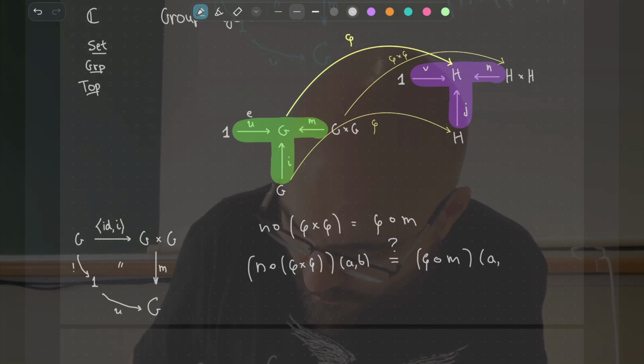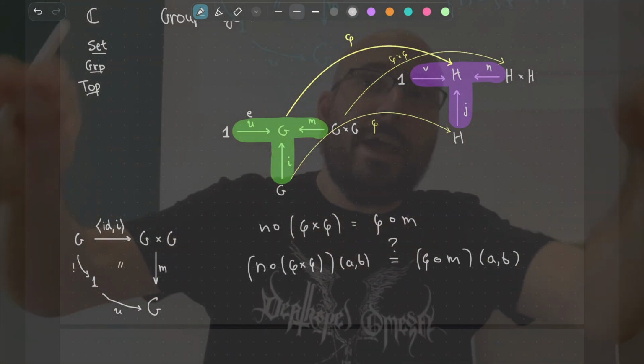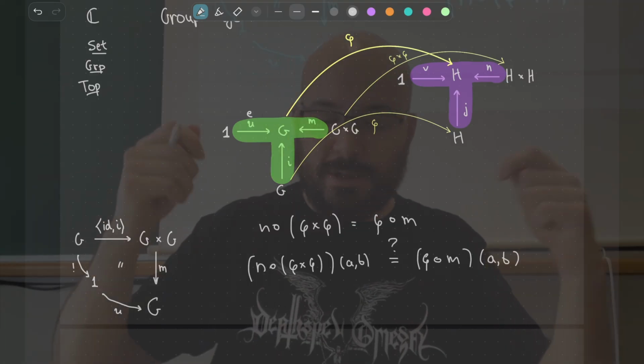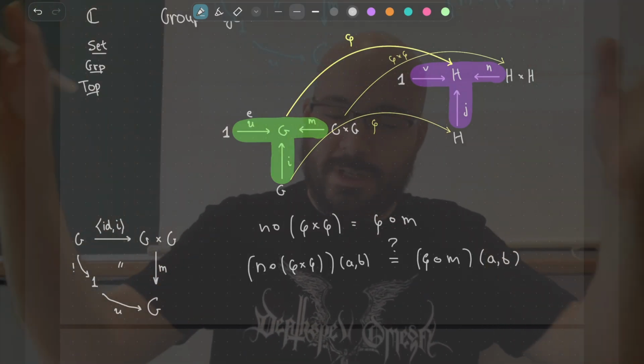And this should be equal to, I will check this, to this. I'm just giving a point, because now I enter a set and I know what equality of functions means, and I know I have points.